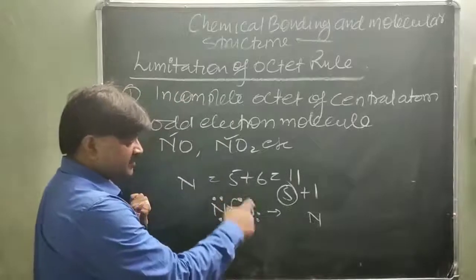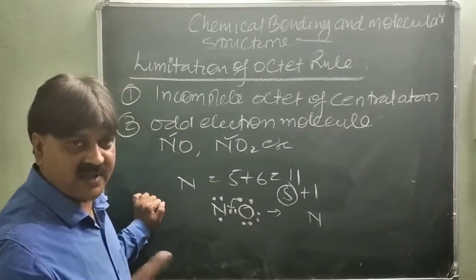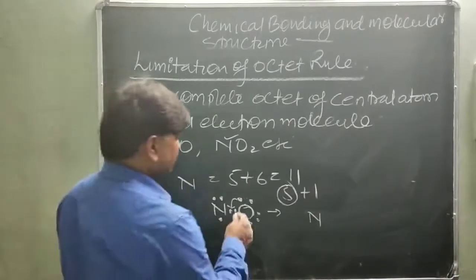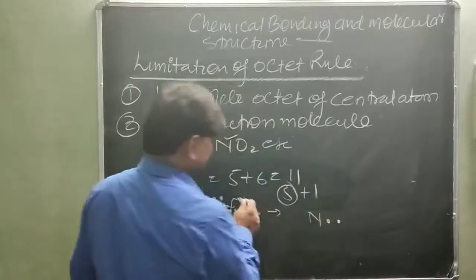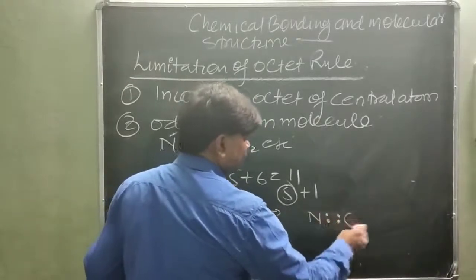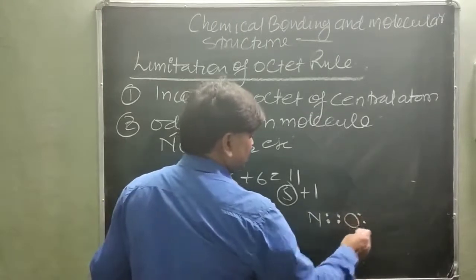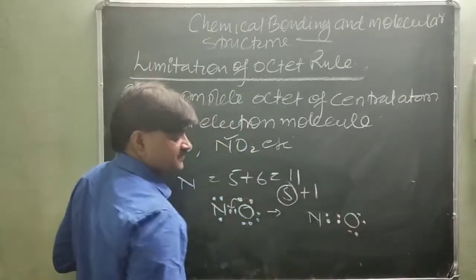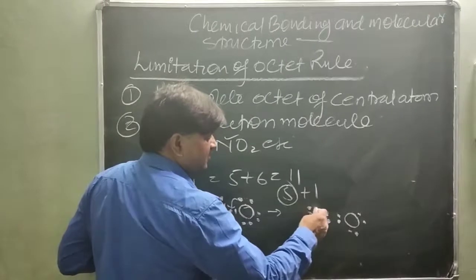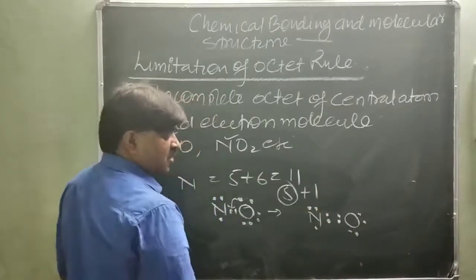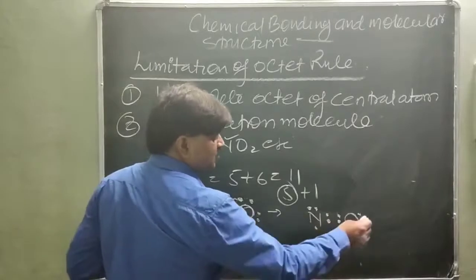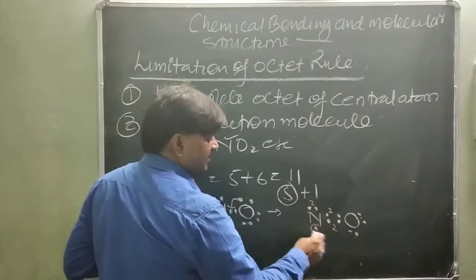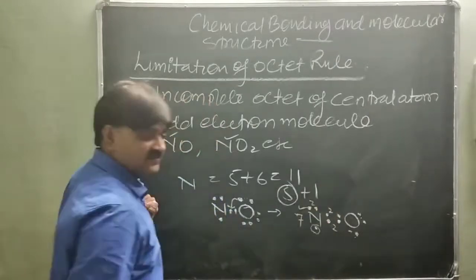Whenever a non-bonded electron pair is present on another atom, it is shared to give the other atom a stable octet structure. So already a lone pair, and another lone pair is also shared to this nitrogen, and now oxygen has 2, 4, 6, 8 electrons. Nitrogen has 2, 4, 6 and 1, so 7 electrons.